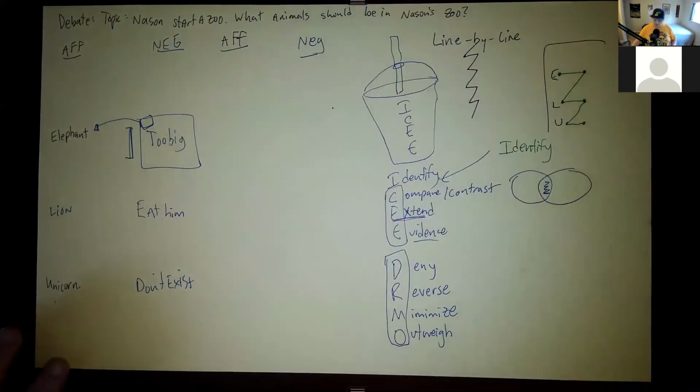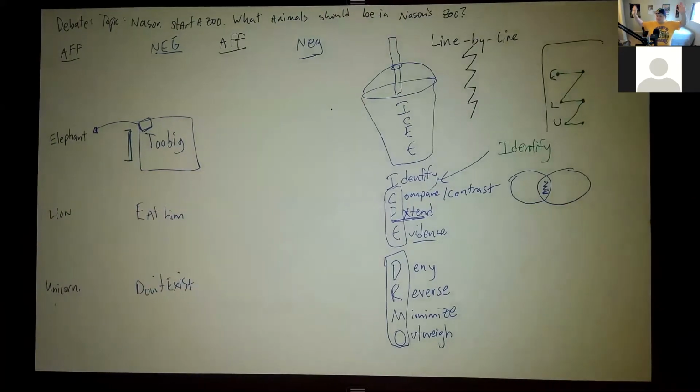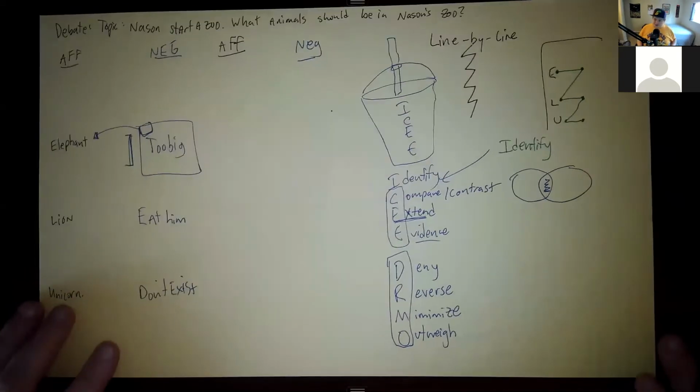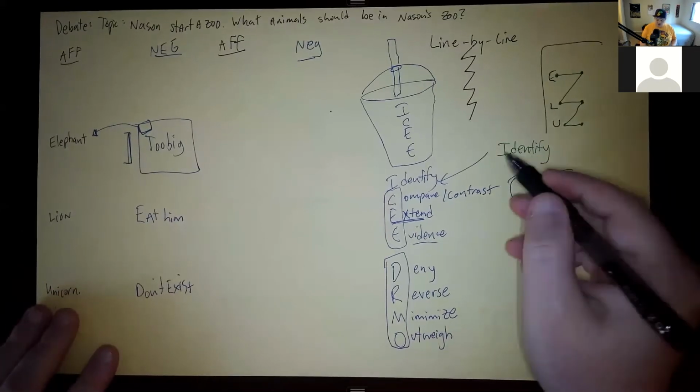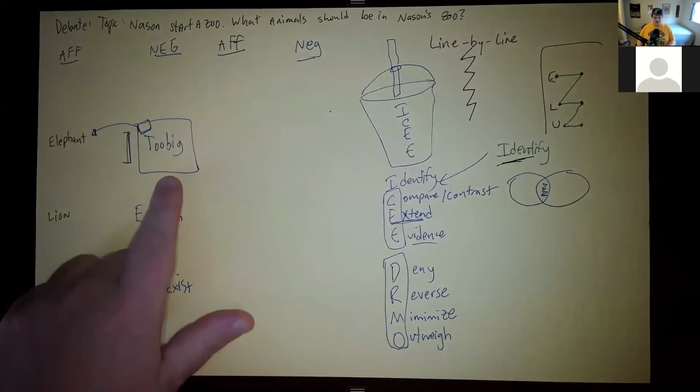Say like, well, no. First of all, elephants are not too big. Also, lions won't eat him, and we can invent unicorns. Yeah. So the first thing you did was say what? What did you say? Elephants are not too big. Well, no, the first thing you actually did, if you didn't even realize it or not, is you identified, right? You said they said elephants were too big.